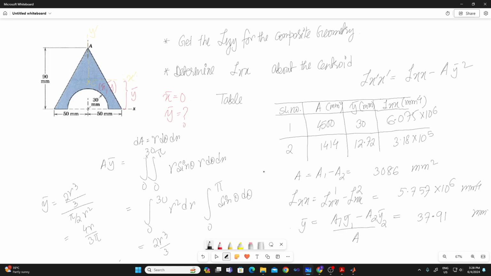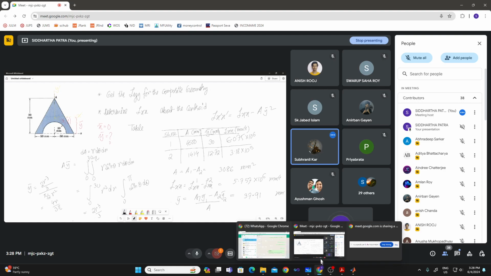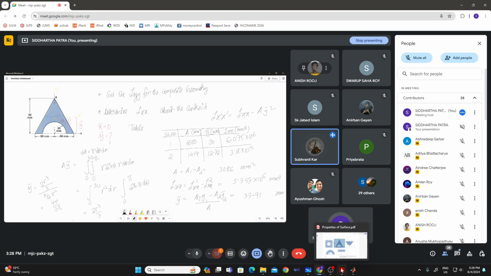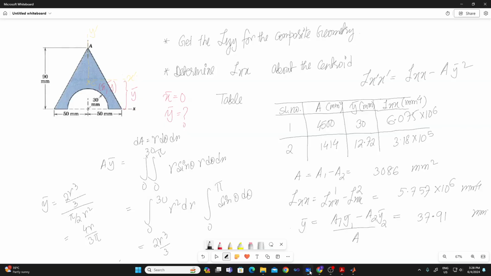Sir, can you once demonstrate how to take components for evaluating Iyy for this geometry, for the sector? I'm not doing the centroidal one, but the global Cartesian, to get the Iyy.